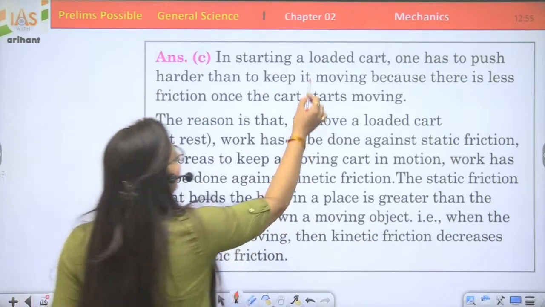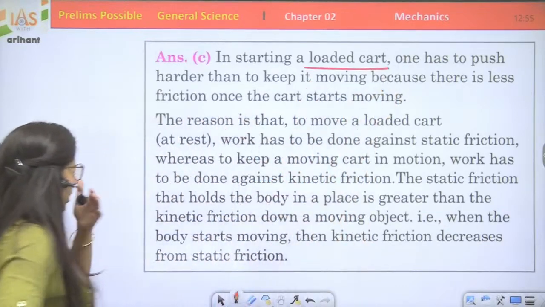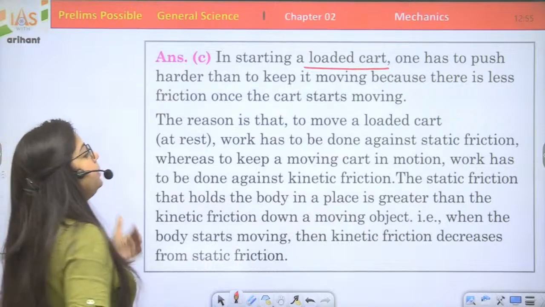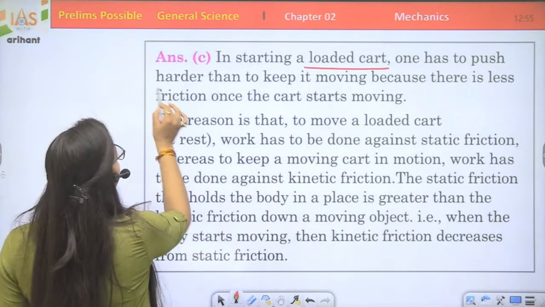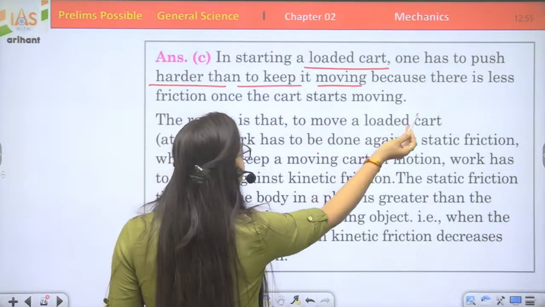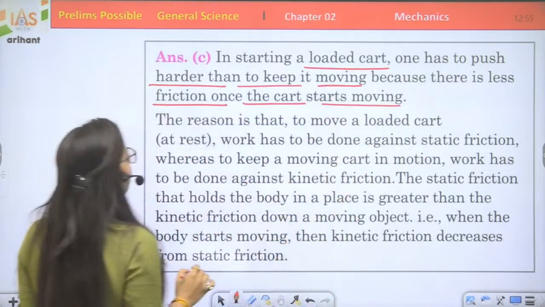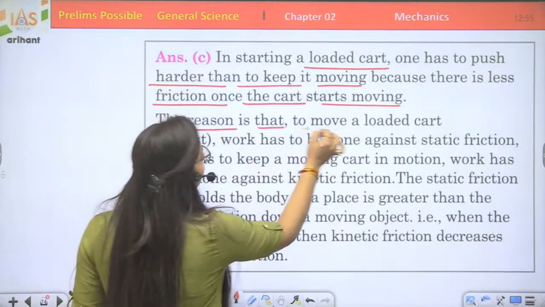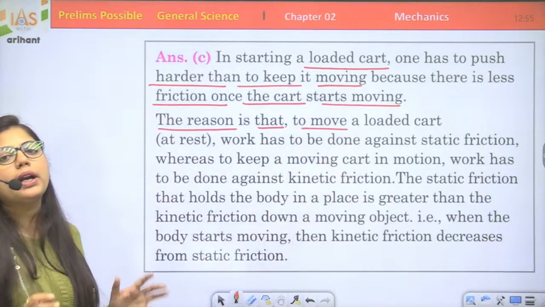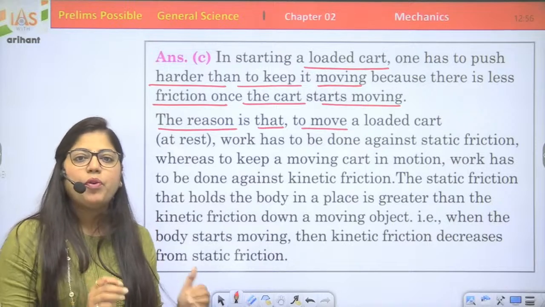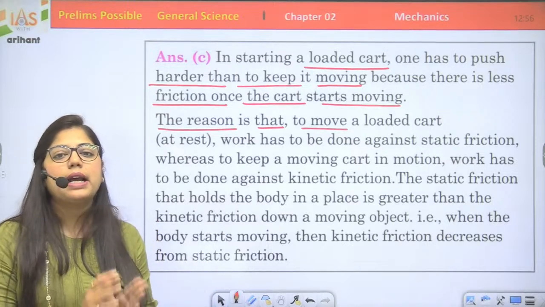In starting a loaded cart, one has to push harder than to keep it moving, because there is less friction once the cart starts moving. The reason is that to move a loaded cart, before it started, it is at rest.